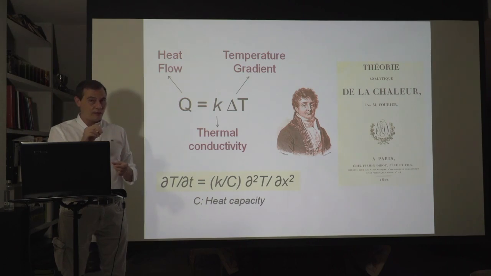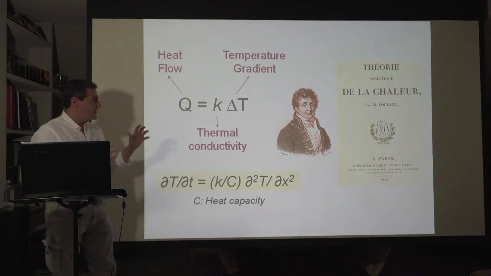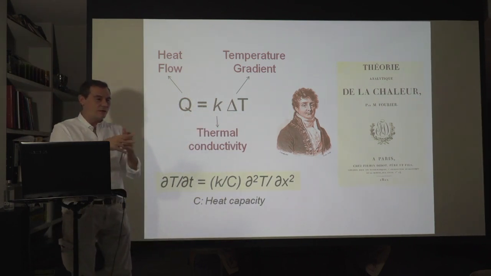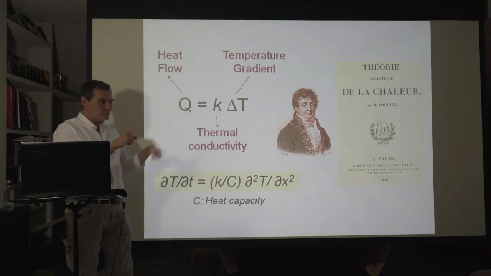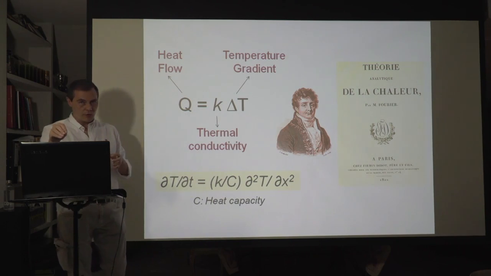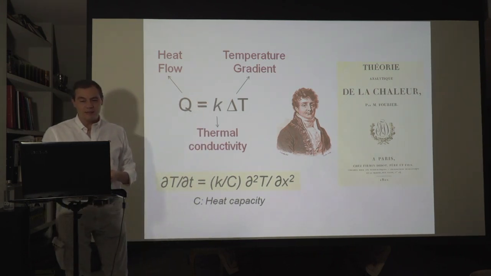I'm not going to explain that, but it means that we have a direction, and the direction is from the hot source to the cold source. That is what gradient means.